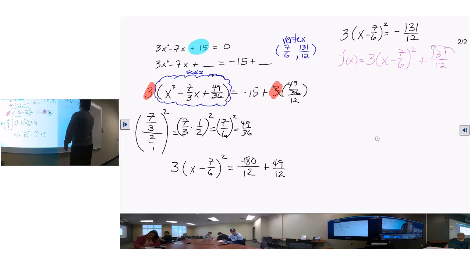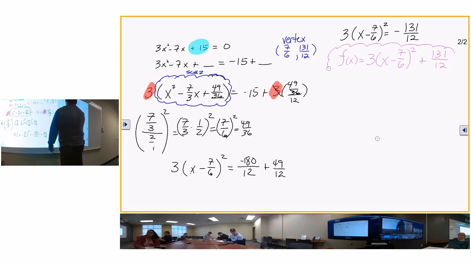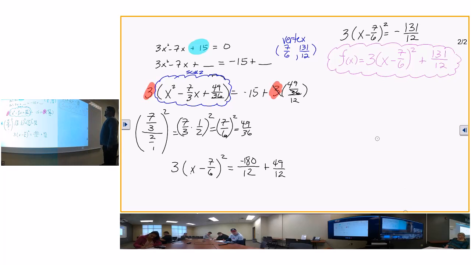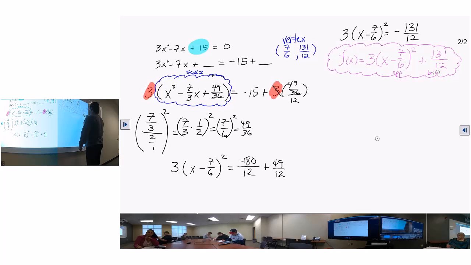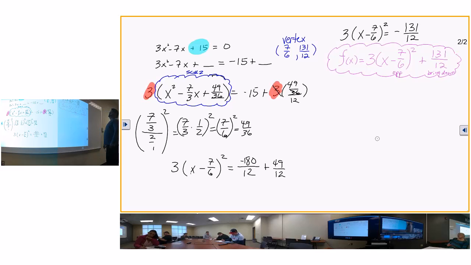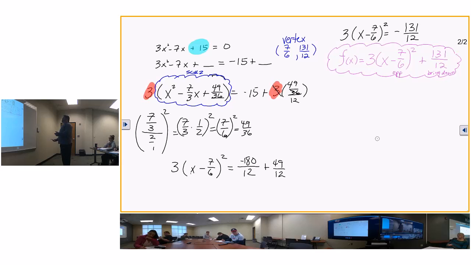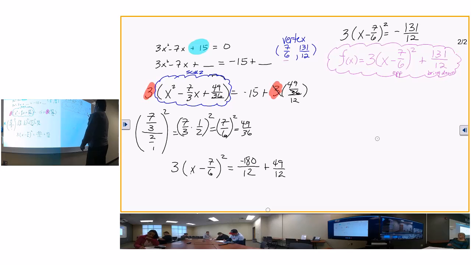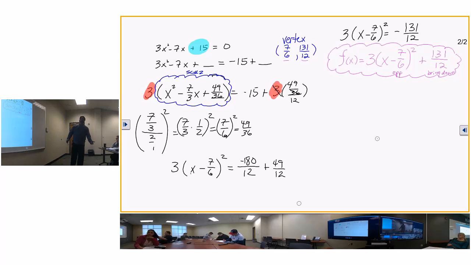And write this and highlight it or put it in a cloud and just put standard form because they may ask you for that. And here, you take the opposite of this to find your vertex and you just bring down this. Will you get the same vertex? Yes, either way, you just got to remember which one. So what's the opposite of negative 7 over 6? 7 over 6. And if you just bring this down, you get the same vertex, it's just two different ways to do it.